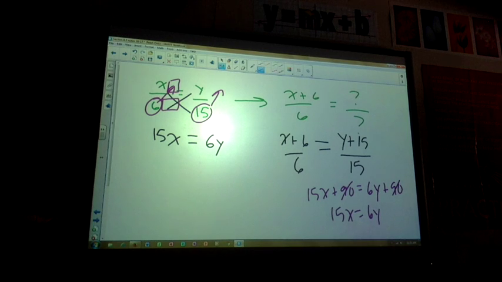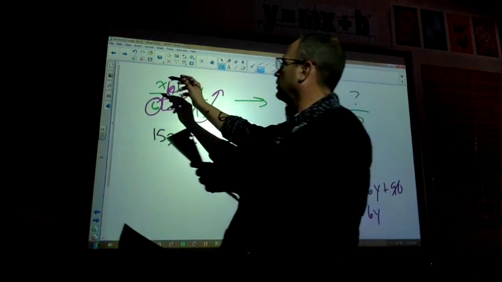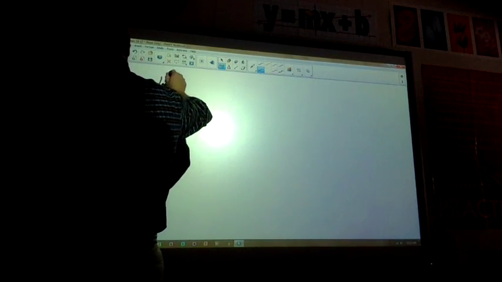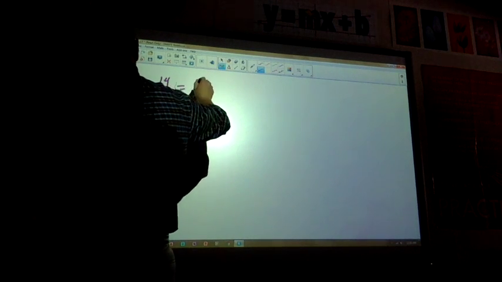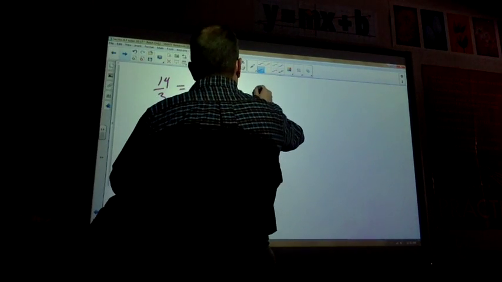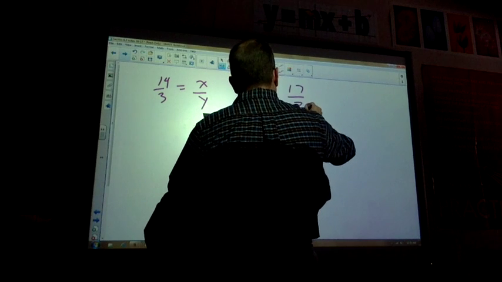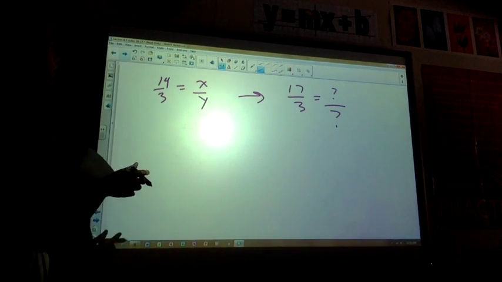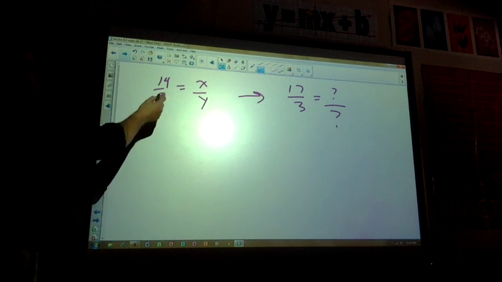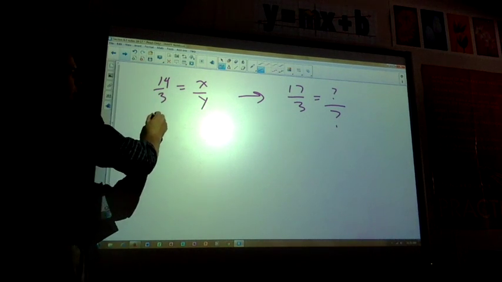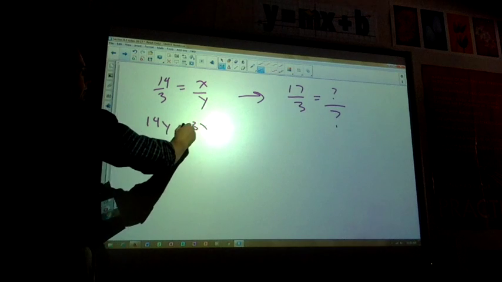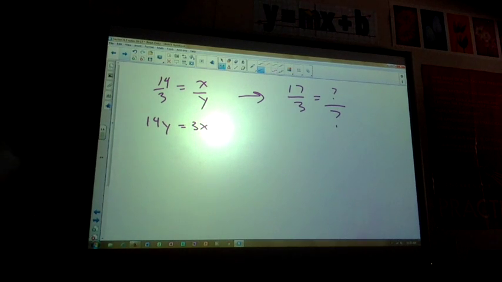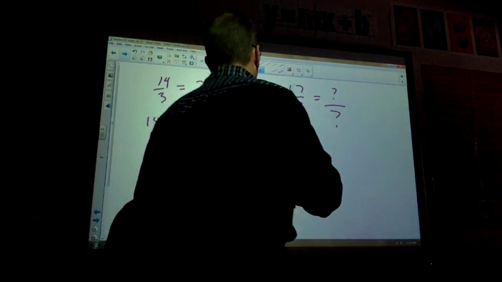Number 4. 4 is going to be done very similar to this one. Okay, so think about what the cross product here would be. 14y equals 3x, right? No problem there. So what do we have to do?